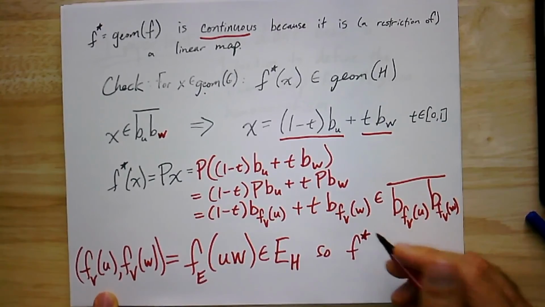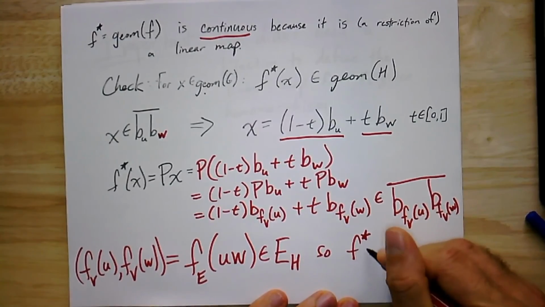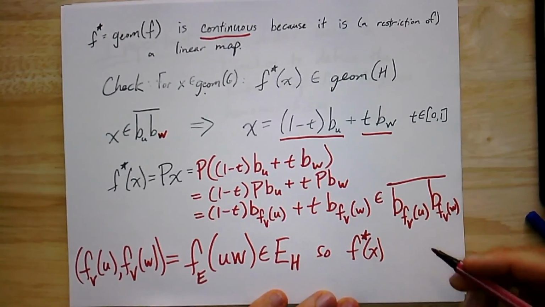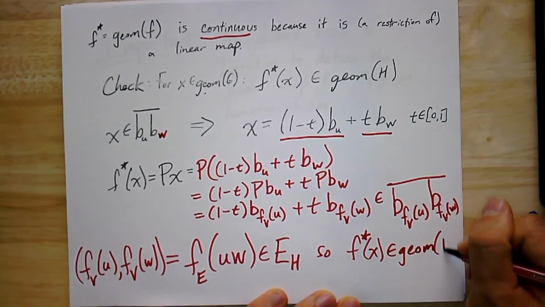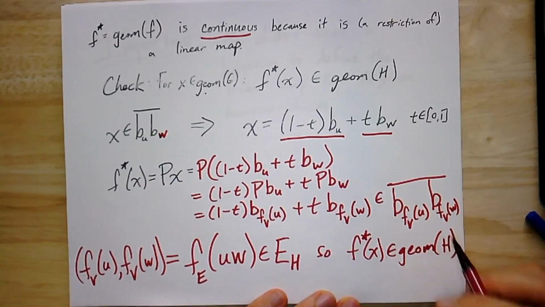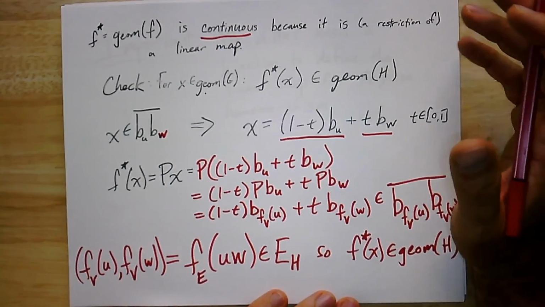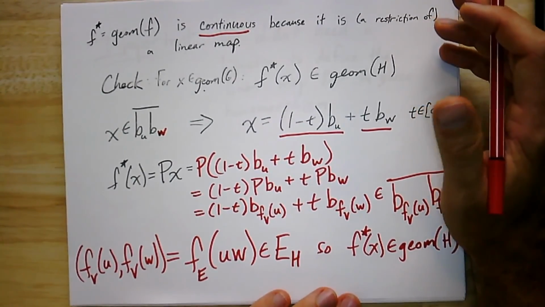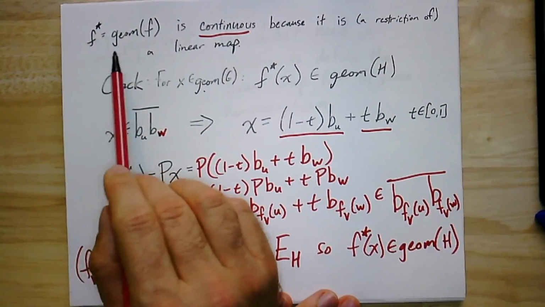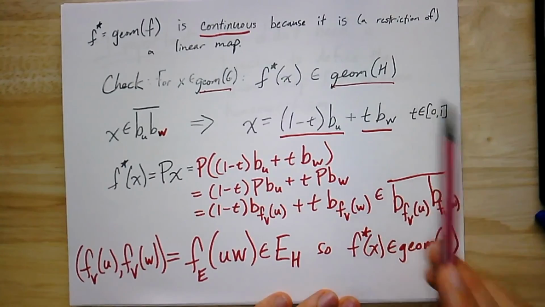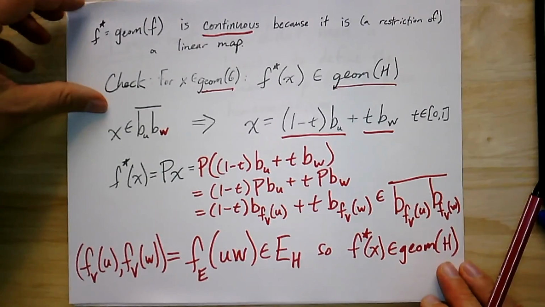So when we mapped x through this function, we landed squarely on an edge, the geometric realization of an edge in H. So this is in the geometric realization of H. All of this was just to check that when we did the more or less obvious thing of permuting the vertices, we actually get a continuous function that maps us from one geometric realization to the other. Because you have to check that your function really does land in the codomain.